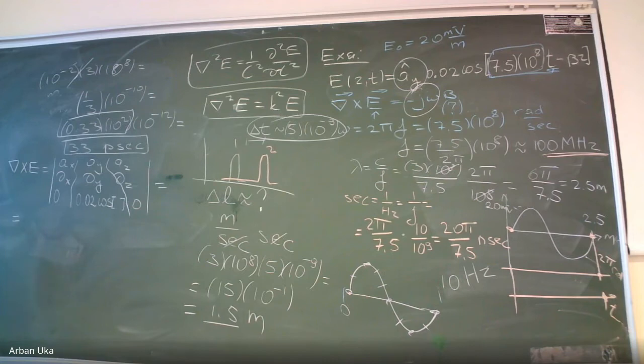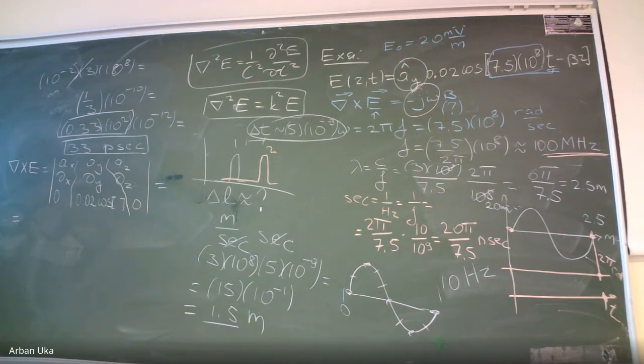But in this case, since the wave looks like it's propagating along the z-axis, most probably the magnetic field might be along ax, right? Because we have a triplet in three-dimensional space, three orthogonal directions. We don't have a fourth one, which means that the propagation of the wave, often denoted by a vector k, here we have the E, and here we have the B. So in this case, most probably the B ends up being along the x direction, because the z direction is taken by the k vector.